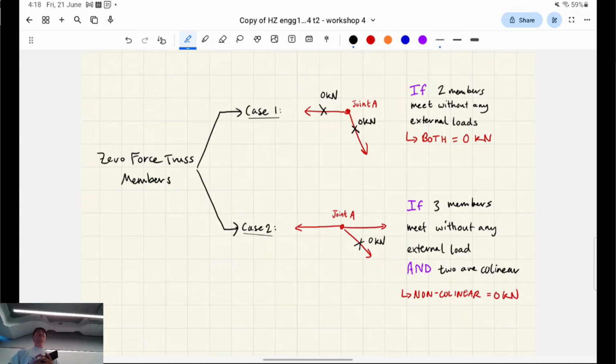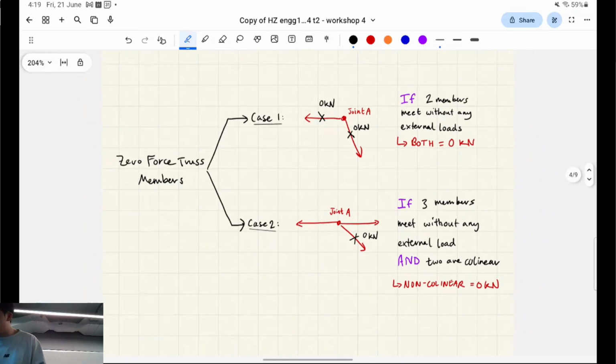It can save you time in your calculations, right? It's pretty much just for saving time. I'll give you an example of how it can save you a lot of time in a moment, but I'll explain the cases first.